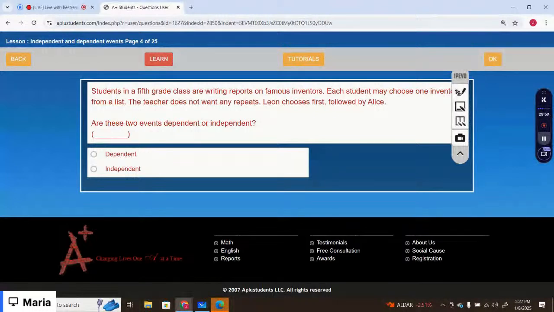Students in a fifth grade class are writing reports on famous inventors. Each student may choose one inventor from a list. The teacher does not want any repeats. Leon chooses first, followed by Alice. So, which is the correct option?